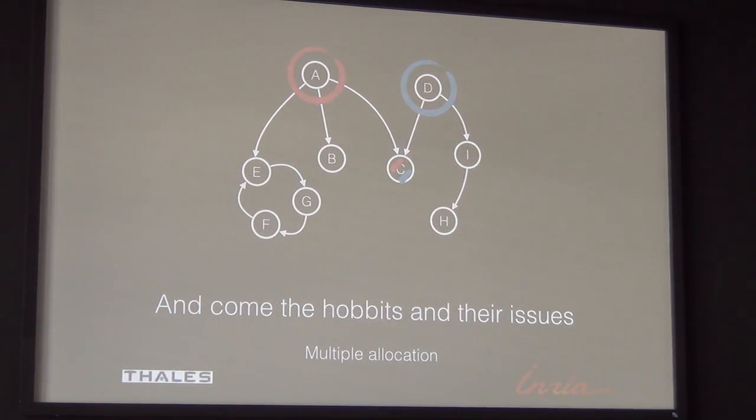These conflict resolution functions should resolve your conflict. So C will be either in A or in D. It's an exclusive or: you can't be in A and in D for the first iteration.